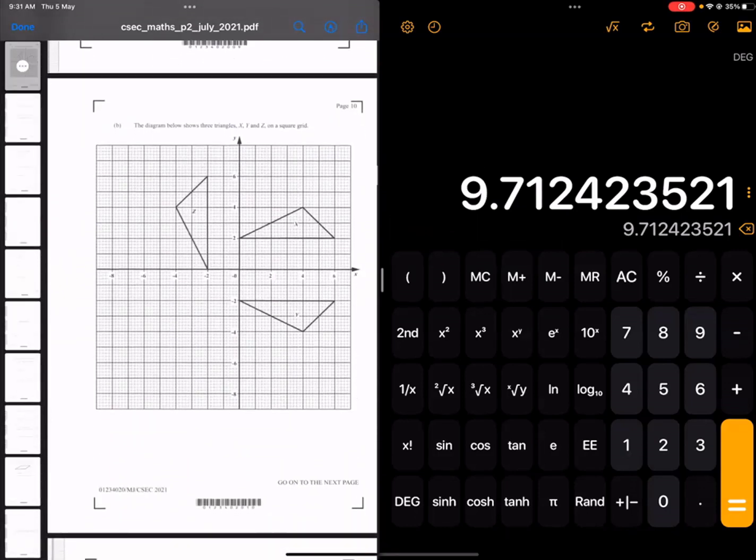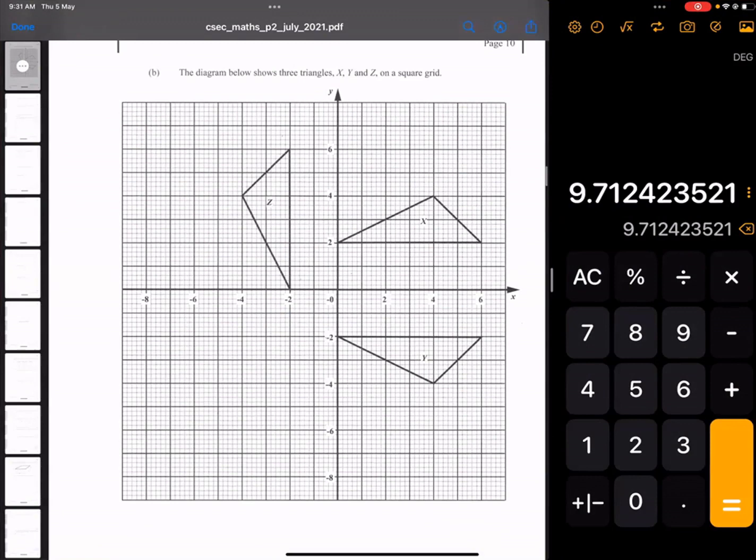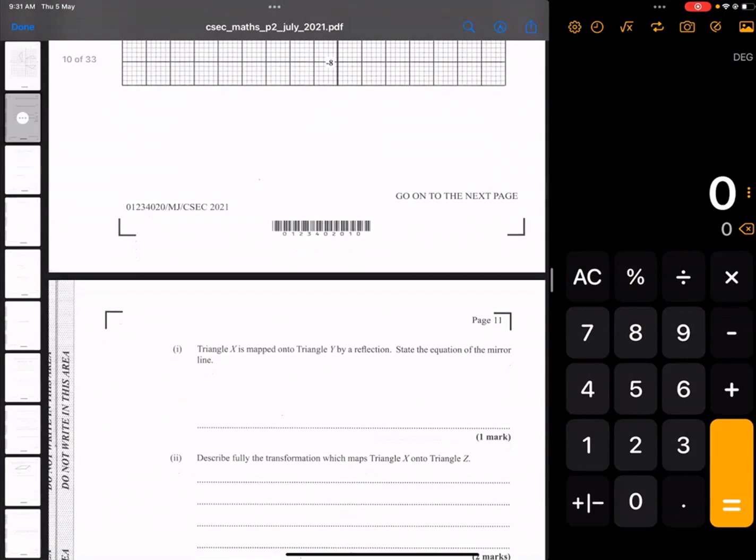Looking at part B, the diagram below shows three triangles, X, Y, and Z, on a square grid. Let me make that a bit bigger. Yes, nice. Now it is asking us to state the equation of the mirror line for which triangle X is mapped onto triangle Y by reflection.